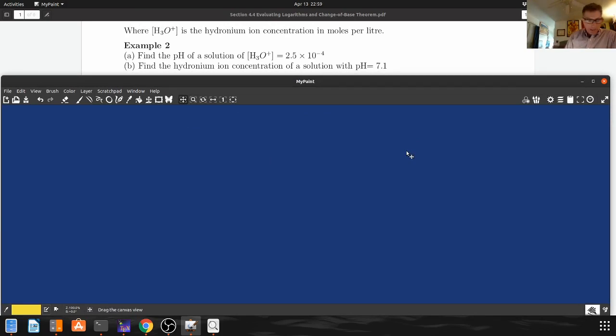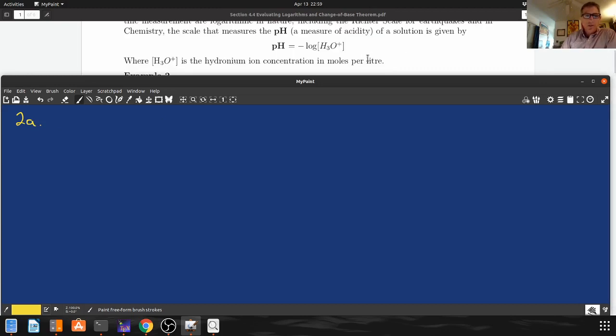So this is example 2a. We just start with the formula, and I just got rid of the formula. So we start with a formula that says pH, if you want to write acidity there, but that's all that means. It's a measure of acidity.